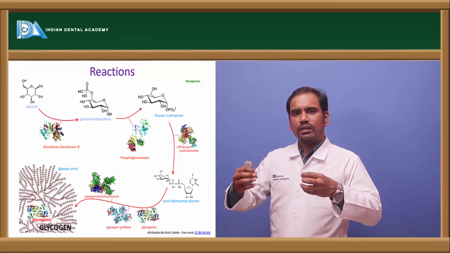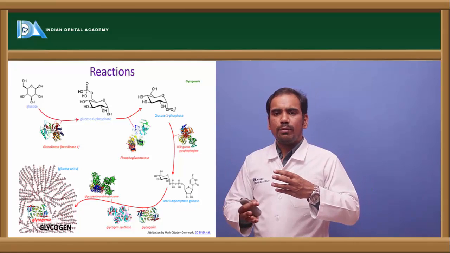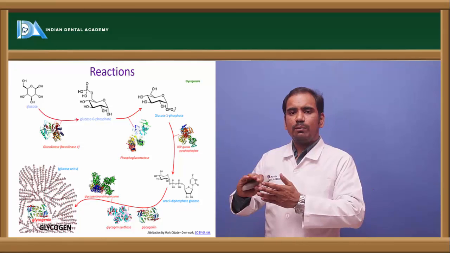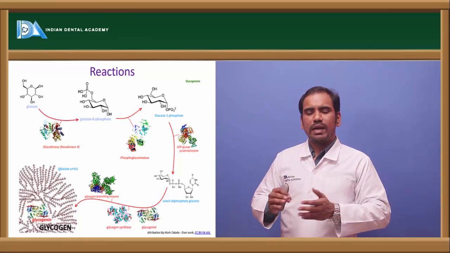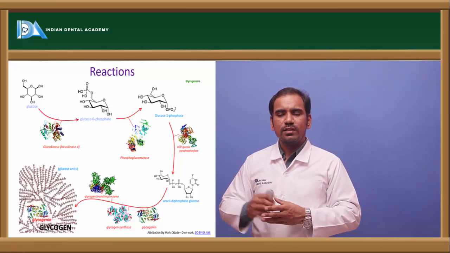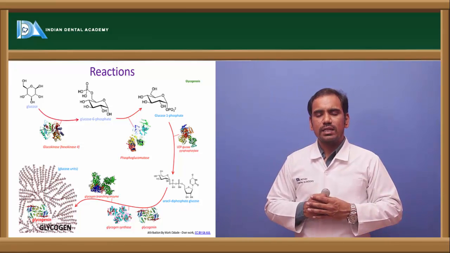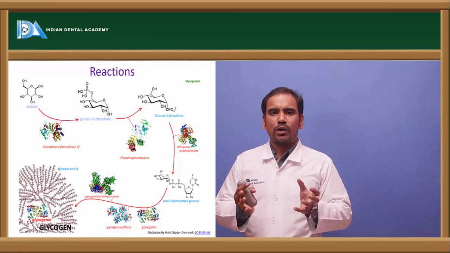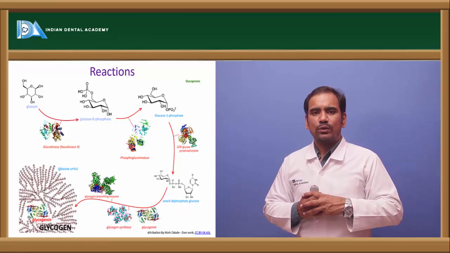Again elongation of that branch occurs by glycogen synthase, and branches are formed by the branching enzyme. Elongation is brought about by glycogen synthase, branching by the branching enzyme. These two processes continue to form a very compact molecule called glycogen.